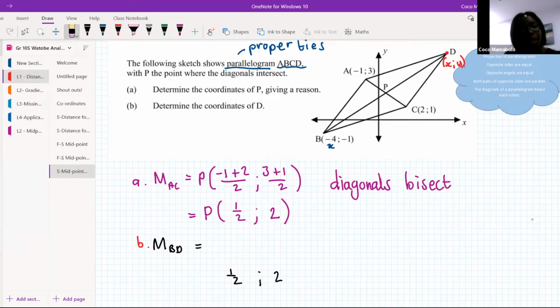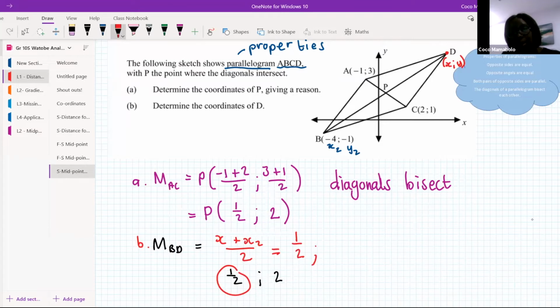So we know the formula for the midpoint is going to be X plus X2 divided by 2. But the answer for the midpoint needs to give us 1/2. We already know that. That will equal 1/2. And for our Y value, we know we're going to get Y plus Y2 divided by 2.